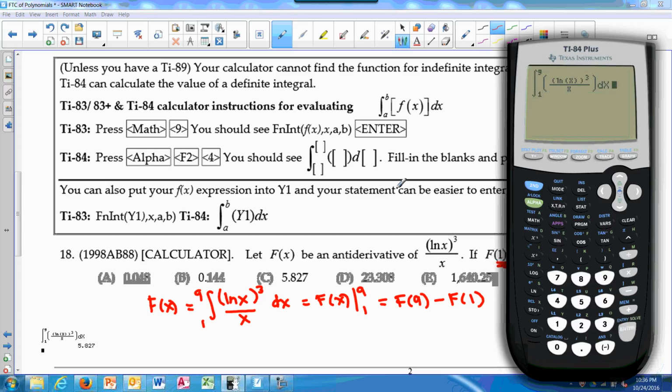So I have exactly this function, natural log of x in parentheses, cubed. I have to close the natural log, close the parentheses, cube the entire function on the top, and then divided by x, all inside my integral.